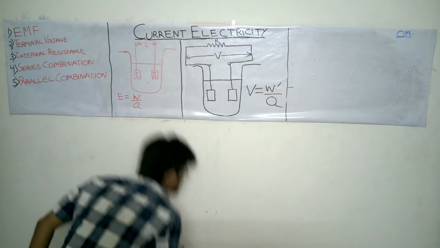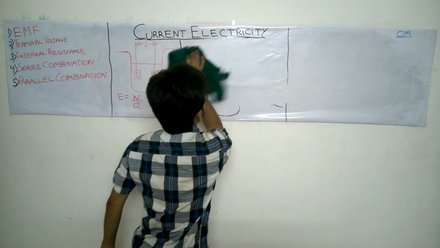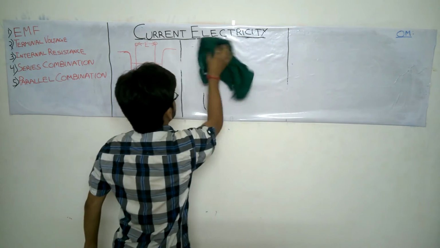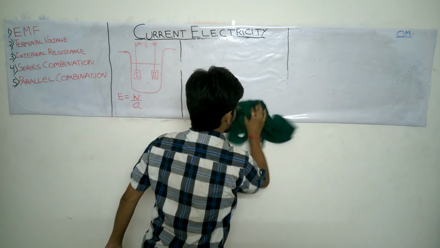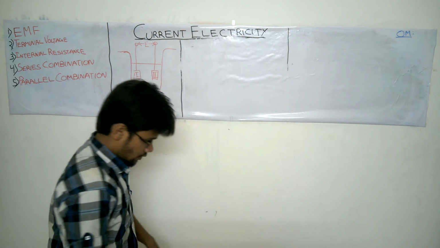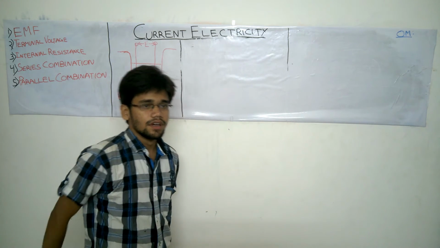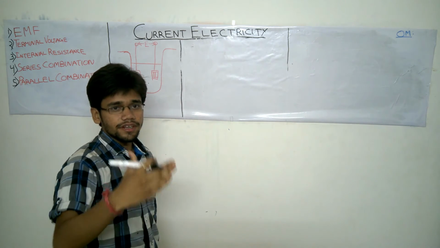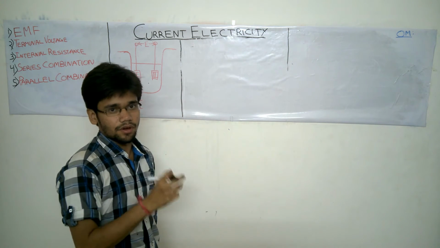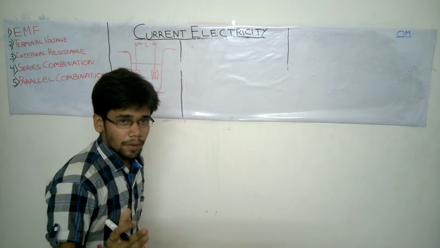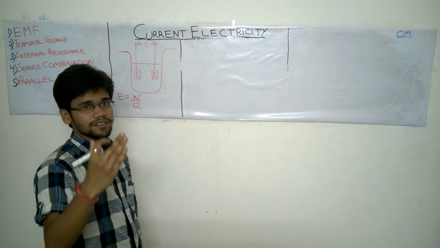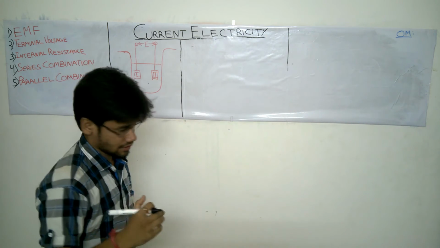For this I think I need to remove all this. So, series combination and parallel combination. We have two theoretical concepts here. We do series combination to increase the resistance of a particular circuit, and we do parallel combination to decrease the resistance of that respective circuit.